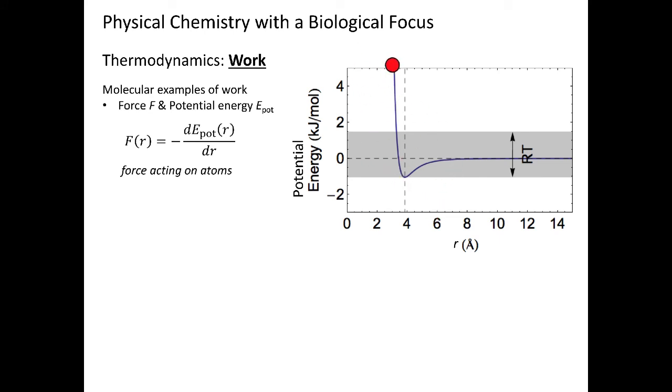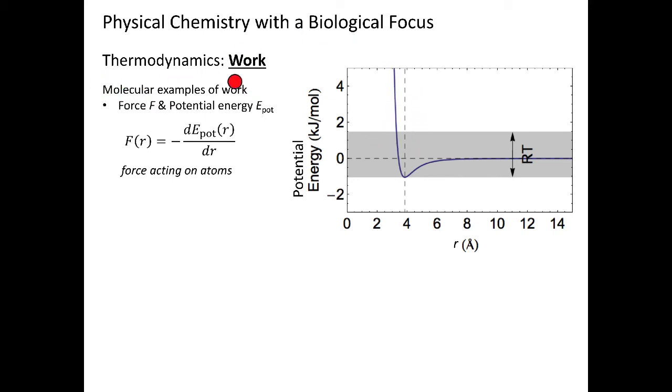This is essentially a Lennard-Jones potential between molecules, for example, in a gas, or molecules that don't form a chemical bond and don't have dipoles or electrostatic interactions, but basically have these weak London dispersion interactions that push and pull them together to some degree. It's not a very strong energy, as we can see here in comparison to the thermal energy RT. But if they get too close to each other, there's a repulsion because of the Pauli exclusion.